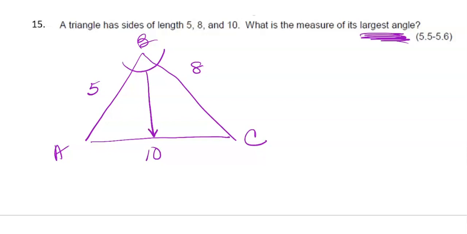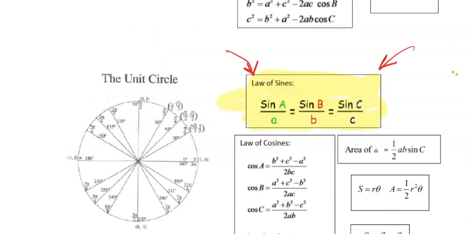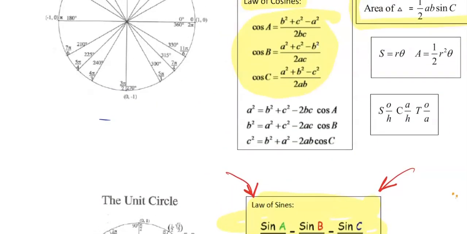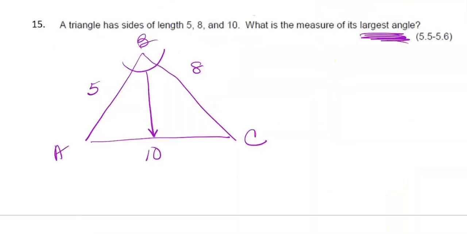Since I've been given only sides, and this is not a right triangle, I'm going to have to use my formula sheet. What will I use if I want to find an angle? I'm going to use law of cosines because I had side, side, side. Let me go back to my work.